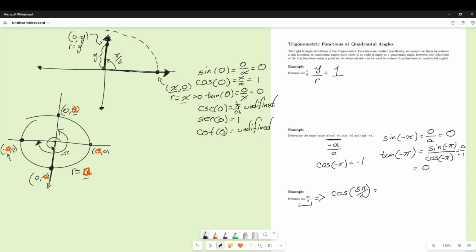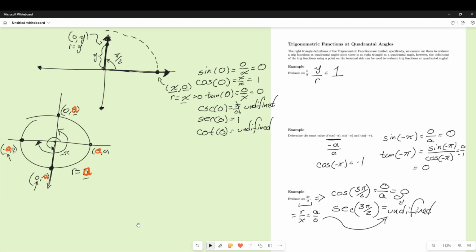Cosine we know is x value over r. So our x value is 0 over the radius of this thing. So 0. Well, what does that make the secant? The secant would then be the reciprocal of 0, and we can't take the reciprocal of 0, so it's undefined. If we wanted to do the secant directly, we'd look up that the secant is our radius over our x value, and we'd say, okay, the radius is a, the x value is 0, which is still undefined. So either way you want to look at it.